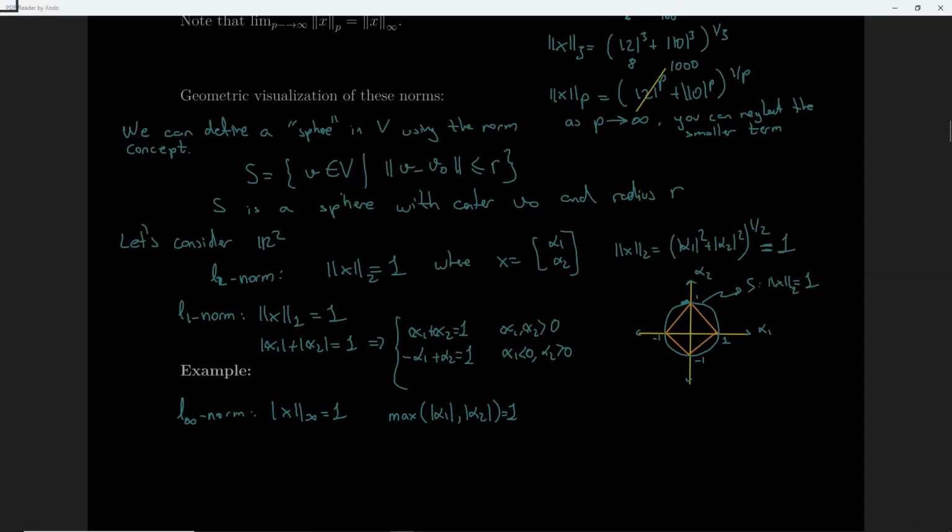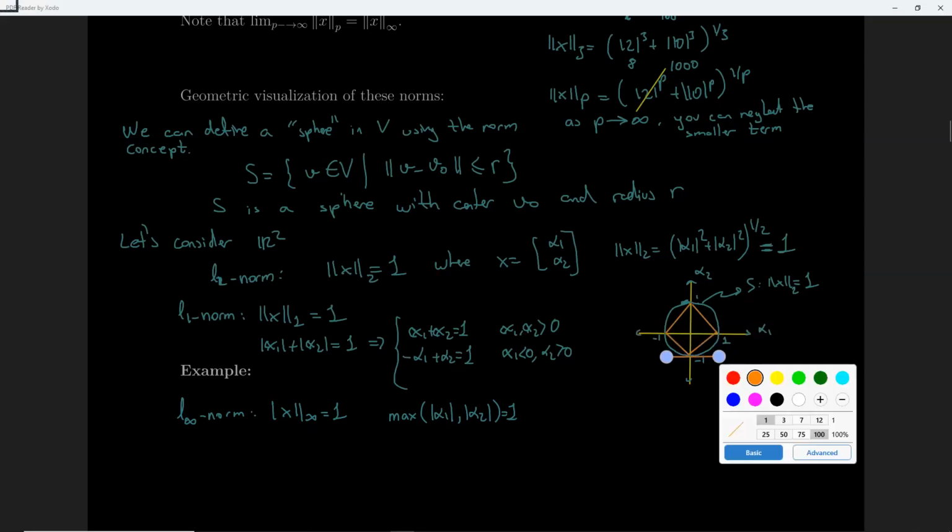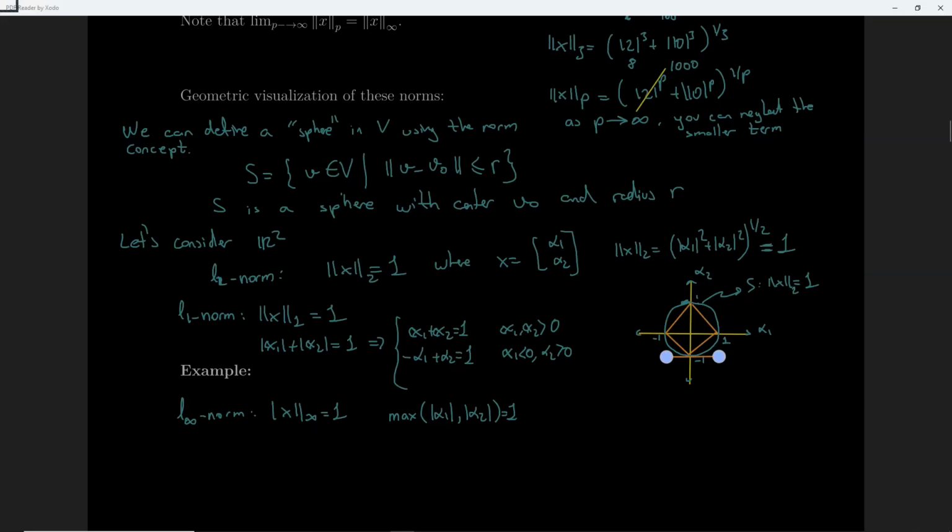Maybe I should pick another color once again. So let's make this guy green. So every point on this line ends up as plus 1, minus 1 and plus 1.